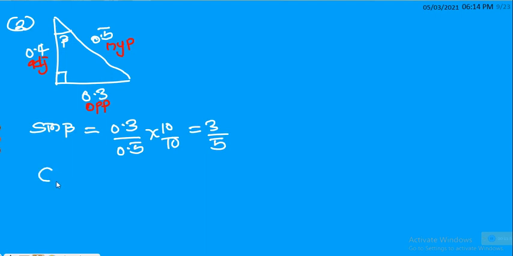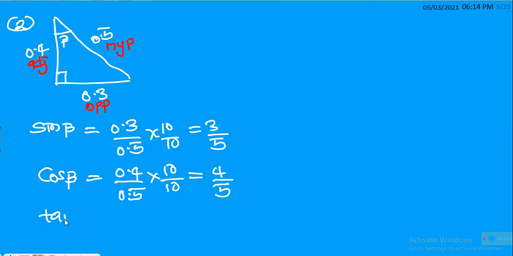Cos beta equals 0.4 over 0.5, multiplying by 10, you have 4 over 5, and tan beta, which is opposite, 0.3 over 0.4, multiplied by 10, is 3 over 4.